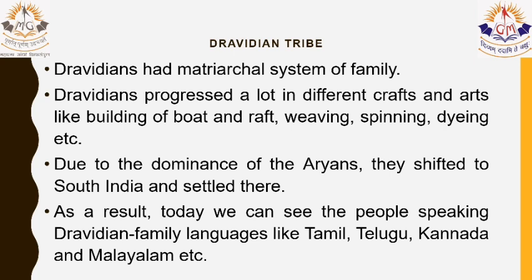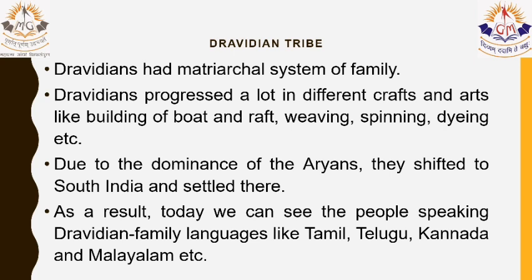Due to the dominance of the Aryans in the north, now the Aryans who came from outside kept on coming in very large number. First the Dravidians were the only people living over there in the north, but then Aryans started coming.